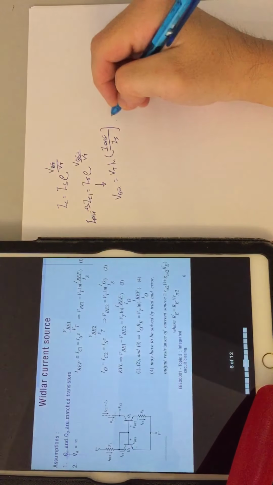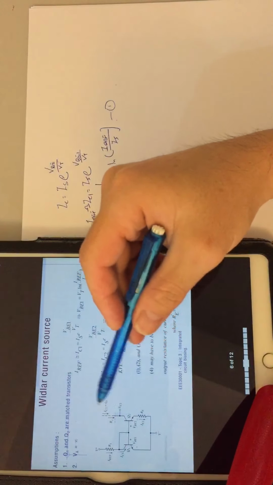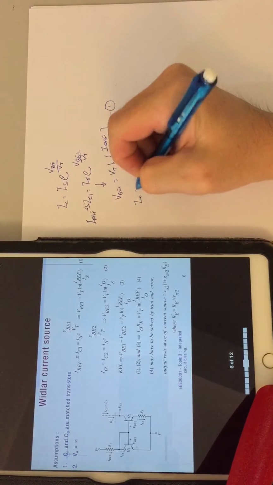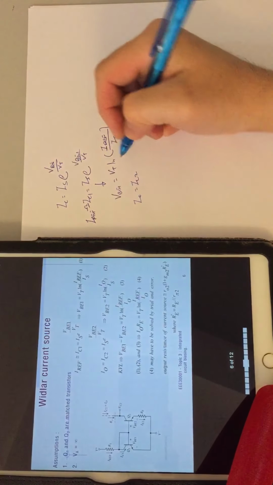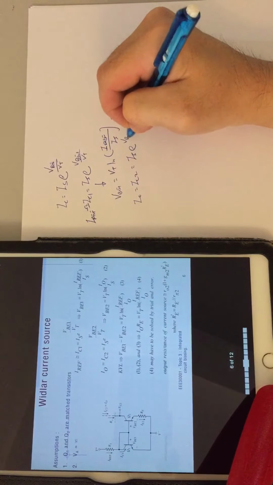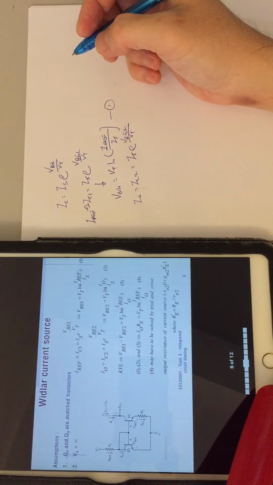So this is the first expression. We do the same process for transistor Q2. The output current is at the collector of Q2. So we can say that IO equals IC2 equals IS multiplied by exponential to the power of VBE2 over VT.